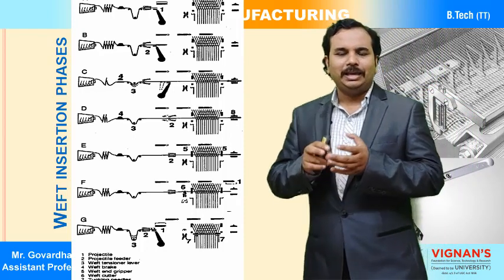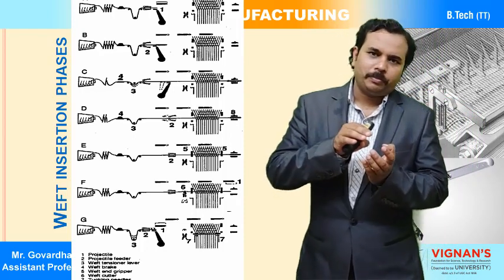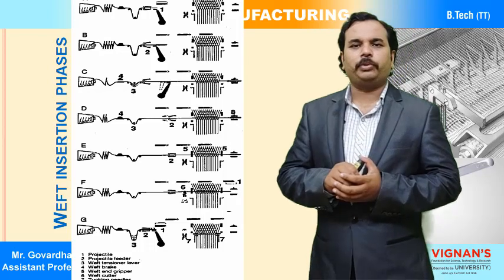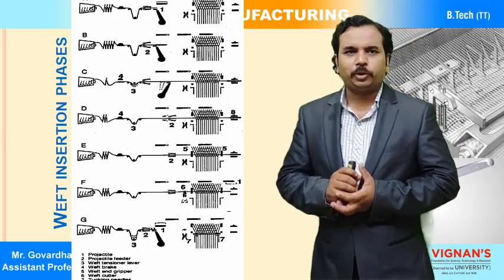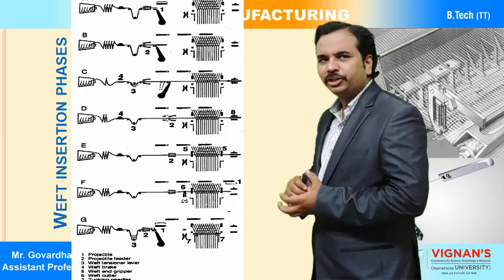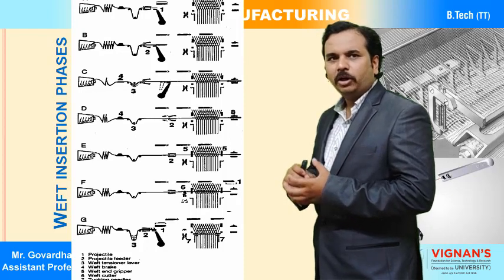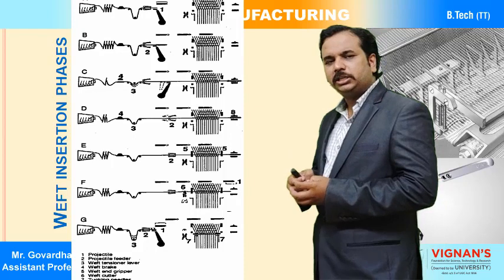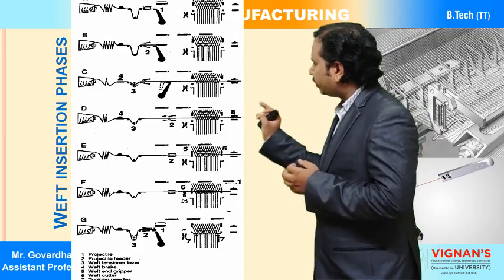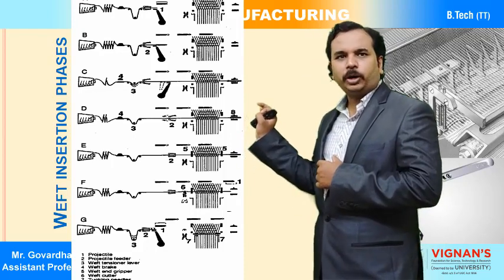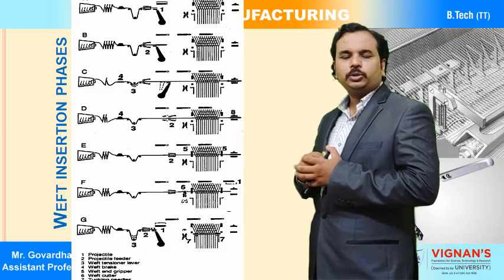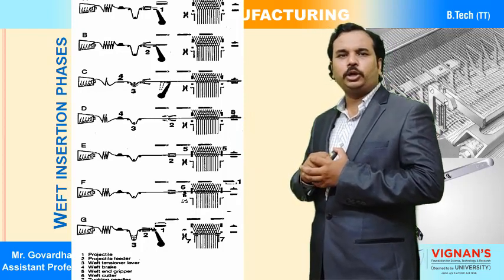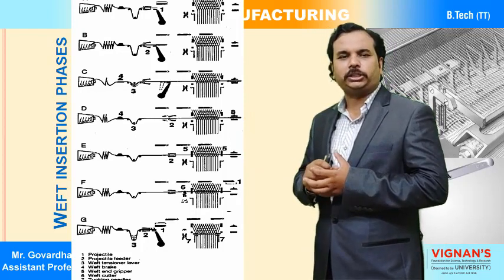After the accumulator, we have tensioners, a weft brake, and a projectile feeder. Number 2 is the projectile feeder, which feeds the weft yarn to the projectile.